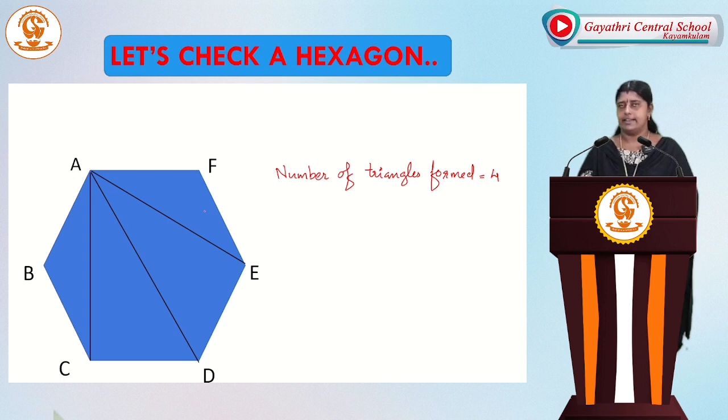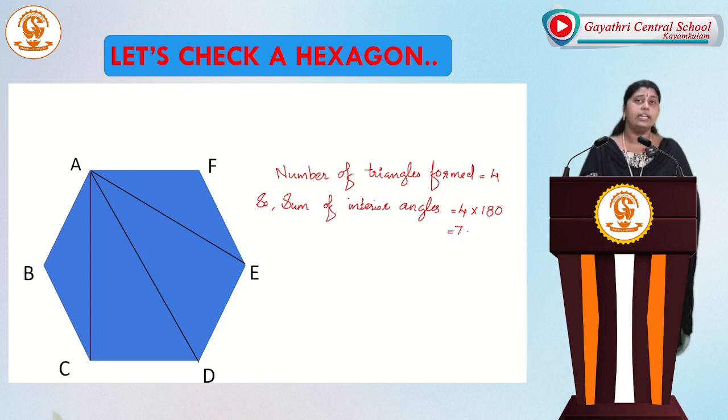In this hexagon, what will be the sum of angles? 180 into 4. Very good. The sum of all interior angles of this hexagon is equal to 4 into 180. What is 4 into 180?